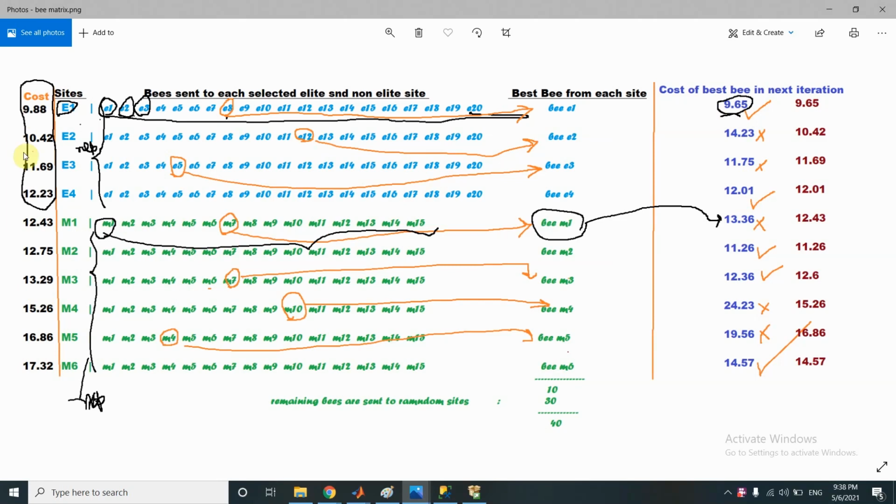Now remember that this is the cost array. These are the first 10 values of the cost array, within which these are the first 4 values that were of the elite sites in the cost array. And of those, these two values, first and fourth, are updated.